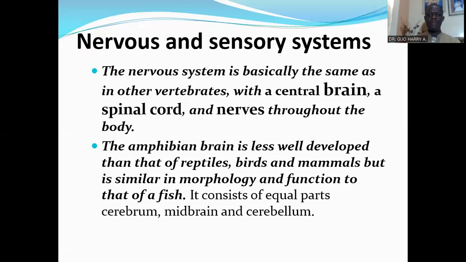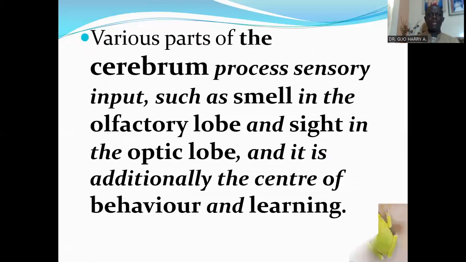It consists of equal parts cerebrum, midbrain, and cerebellum. Various parts of the cerebrum process sensory input, such as smell in the olfactory lobe and sight in the optic lobe, and it is additionally the center of behavior and learning.